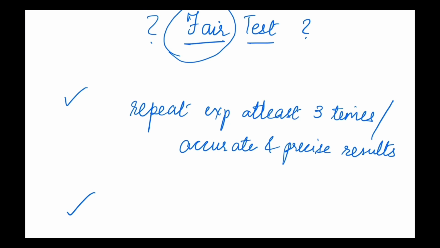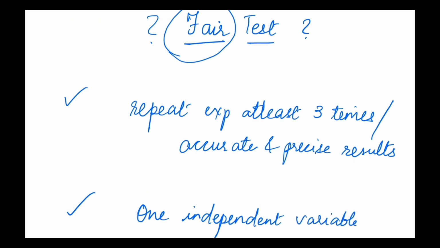Number 2, in an experiment there can be only one independent variable. Now for example, in the experiment that we did to check the growth of plants, in the absence of water or with the presence of water, if I keep one more independent variable, for example sunlight, if I keep one plant in the dark and one plant in the light, and water one plant and do not water other plant, so will it be a fair test?